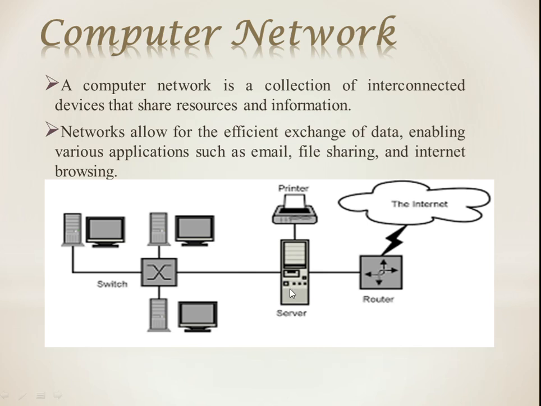The server has the firewall and all those things, but then again this server is connected to the printer through which we can print our copies, and then the server is connected to the router, which is connected to the internet, that is, the router provides the internet to the server. Through the server the internet passes through the printer, then to the switch, and from the switch it goes to the end devices like the PCs, and from the printer we print our hard copies.